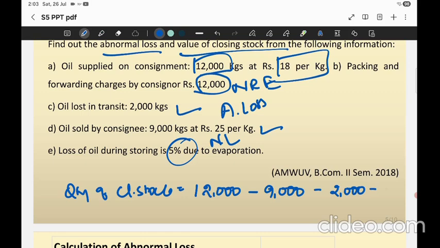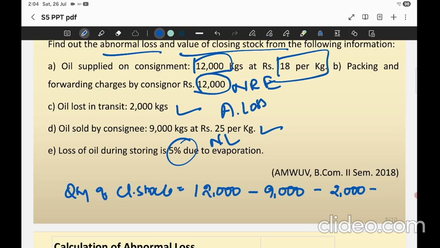Then whatever is remaining, 12 minus 9, 3 minus 2, how much is remaining? 1,000 kgs.